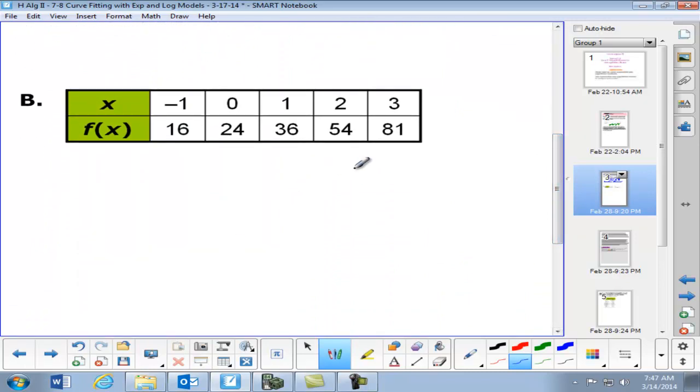Anyway, let's try B. Once again, is this an exponential model? So once again, you're going to start here and go 81 divided by 54. So what is 81 divided by 54? 1.5. What is 54 divided by 36? 1.5.